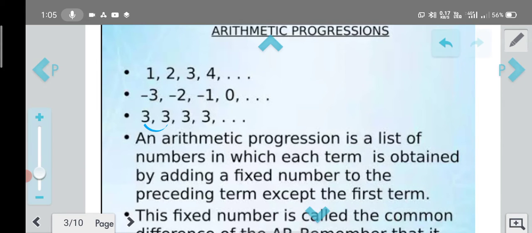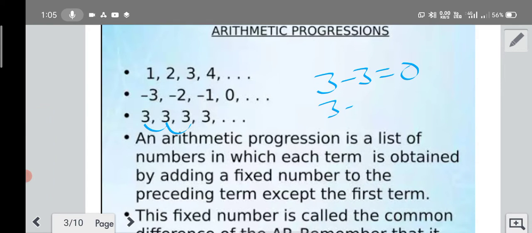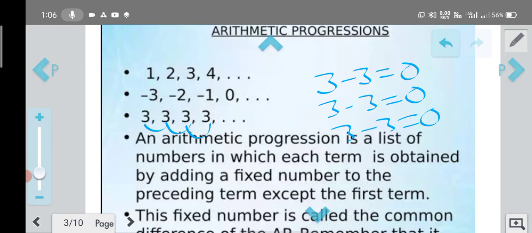Second term minus first term, 3 minus 3, is 0. Again, third term minus second term, 3 minus 3, is also 0. Fourth term minus third term, 3 minus 3, is also 0. So we can clearly see the difference between two consecutive terms is fixed, that is 0.